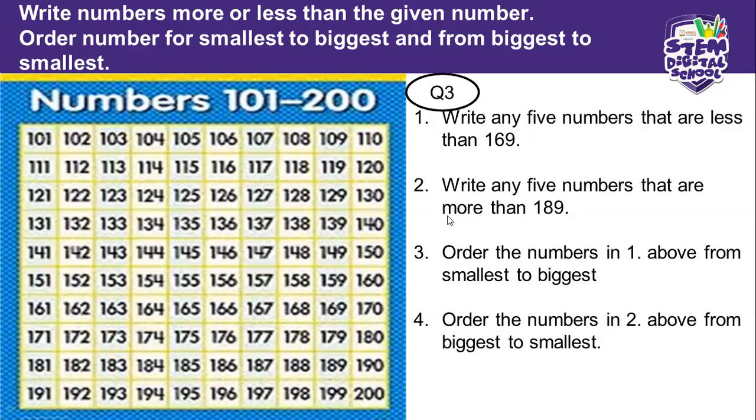So I know, Blessing, 220 is more than 189, but because our numbers only go up to 200, we cannot take 220. Even 242. It is correct, it's more than 189, but we are controlled by this number block which goes up to 200.